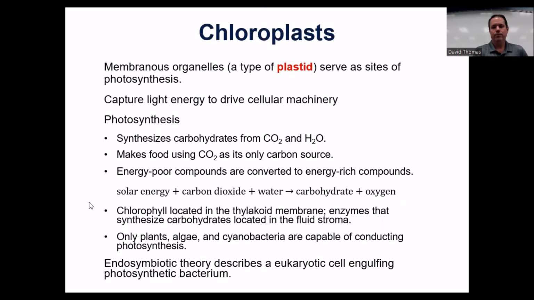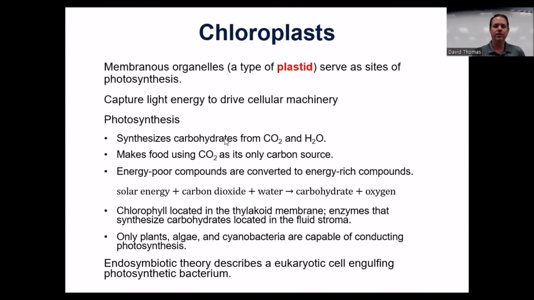You may know some of these points already if you've had some basic general biology or high school biology. We know that photosynthesis uses light energy to produce chemical energy. What it accomplishes is to take that light energy, capture it using the pigments, and then synthesize carbohydrates, glucose, from it.